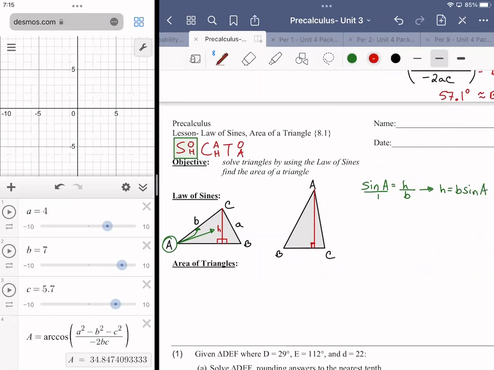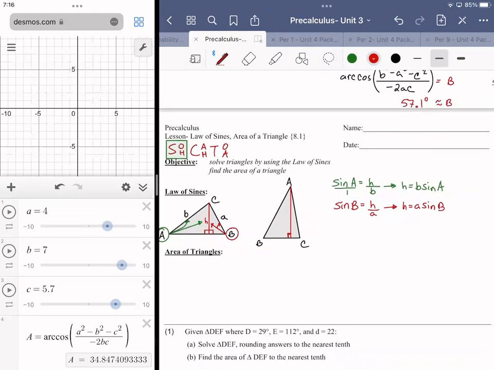Right? I could do the same thing from the perspective of B. So the sine of angle B would be equal to H over its hypotenuse, opposite over hypotenuse, H over A. So by the same algebraic technique, H is equal to A times the sine of B. Right, so that actually addresses the first triangle.